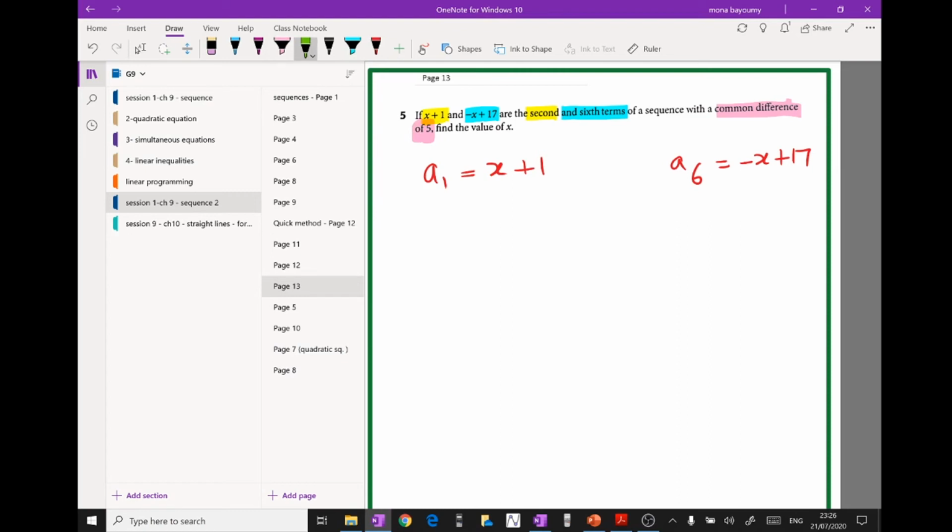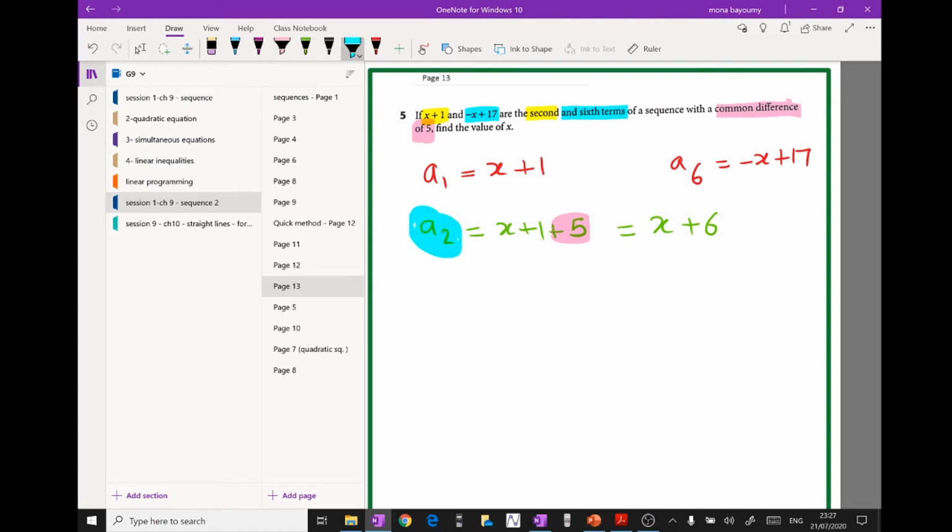It's very important to solve the question. Here, common difference is 5 means you have to add 5 each time to get the next term, to get the consecutive or successive terms. So A3 equals x plus 1 plus 5. 5 is the common difference. So the answer is x plus 6.